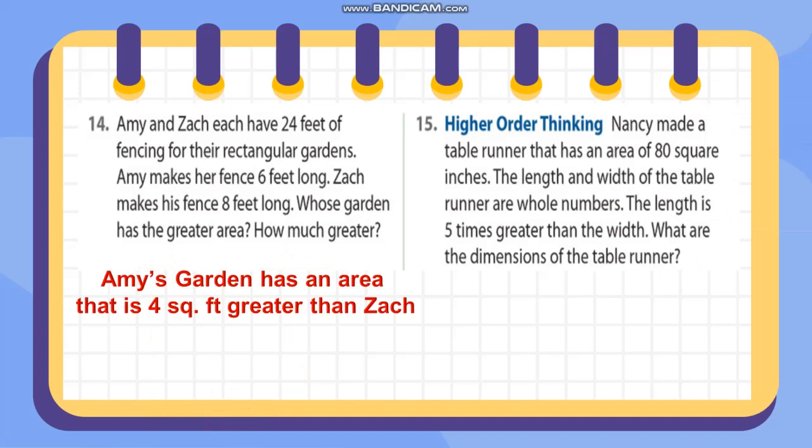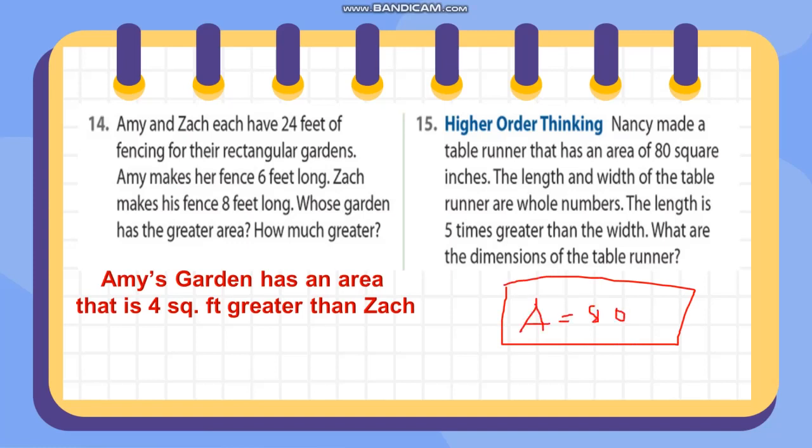Next, question number 15. Nancy made a table runner that has an area of 80 square inches. The length and width of the table runner are whole numbers, and the length is 5 times greater than the width. So what are the dimensions of the table runner? If this is the table runner, the area is equivalent to 80.